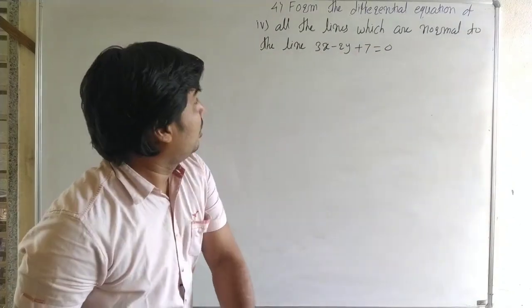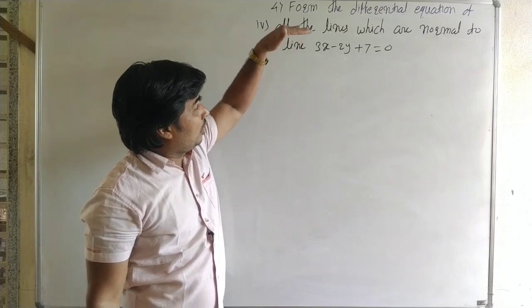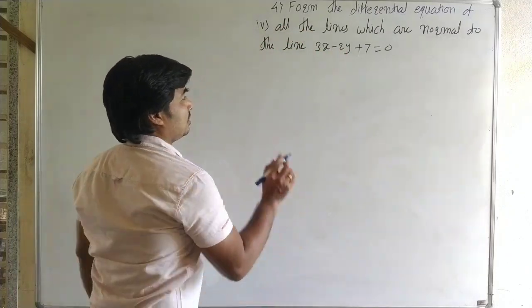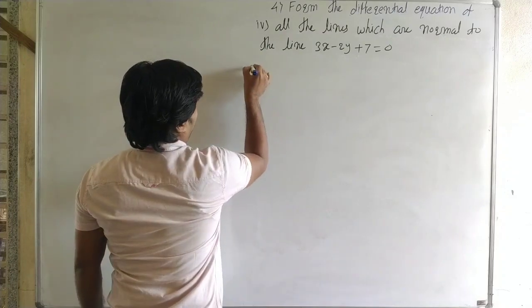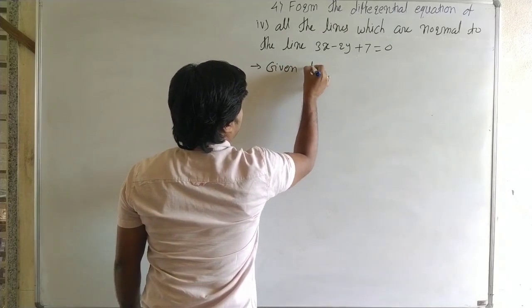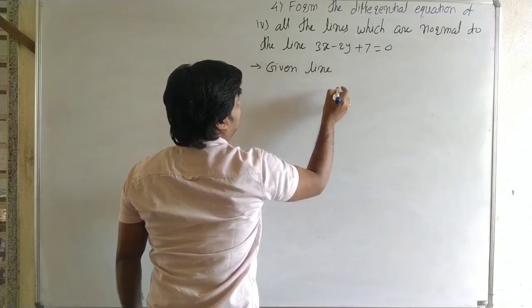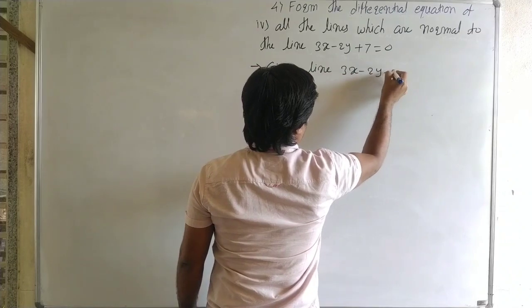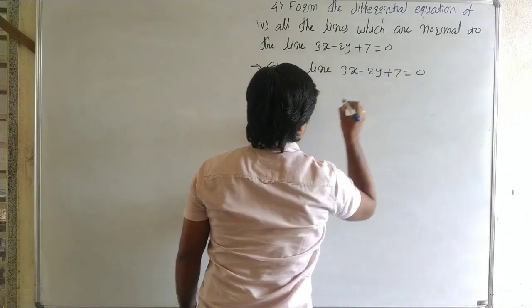Here now we want to find the equation of all normals to the line. The given line is 3x minus 2y plus 7. Here first we write the given line: 3x minus 2y plus 7 is equal to 0.